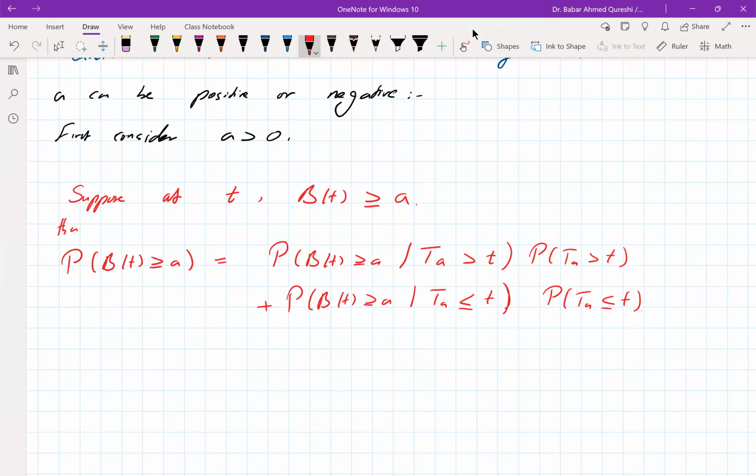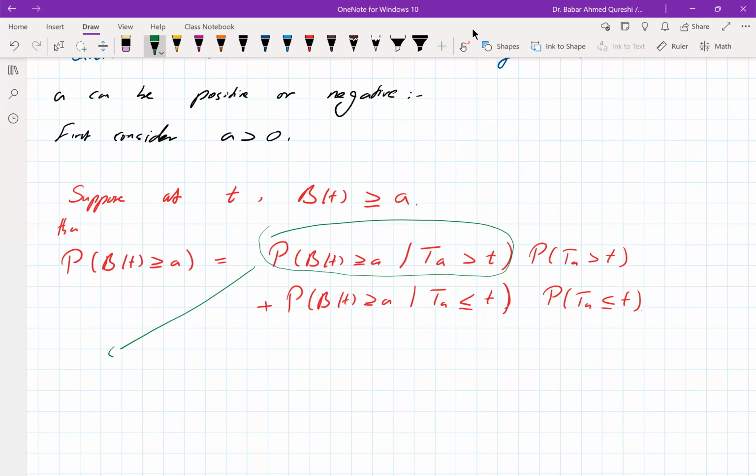Now, if I look at this first term, it says the probability that my value of the variable is greater than A while the hitting time of A is greater than t.